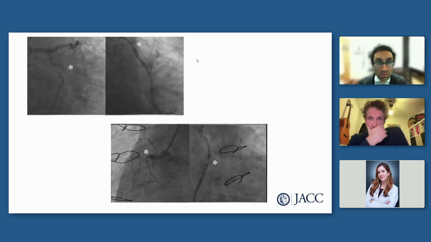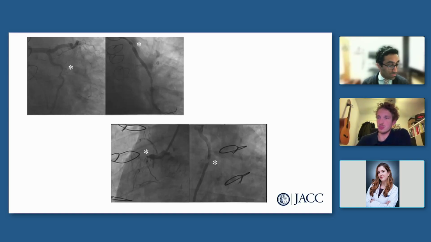Yeah, and so these are still frames of the angiograms. One thing that I love about this trial is that in the main body of the study, they showed a handful of patients, but the supplemental data actually has the angiograms for all of them, which is really nice, and it really allows you to see the original data.